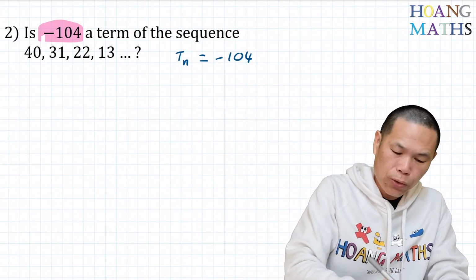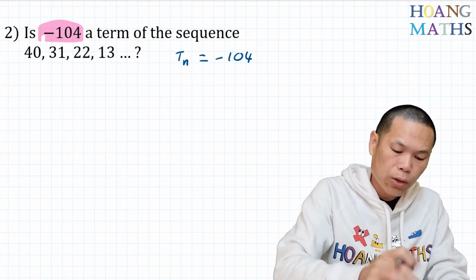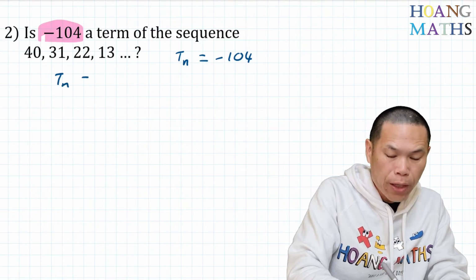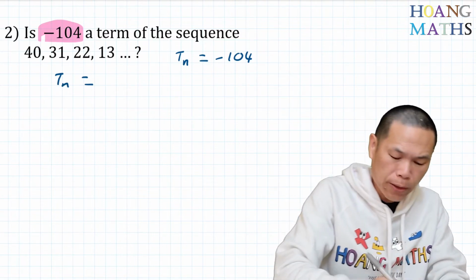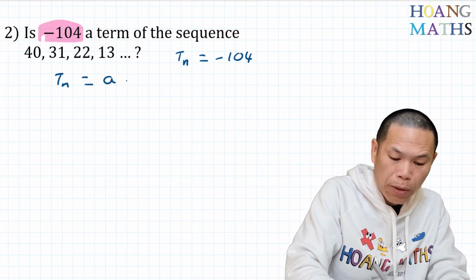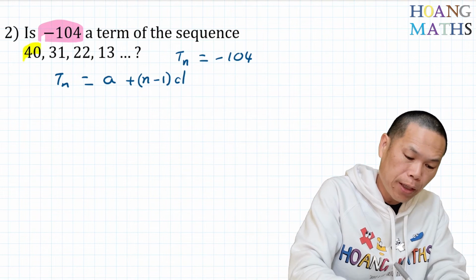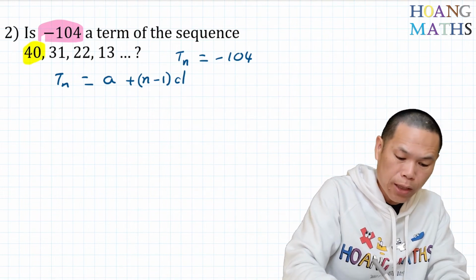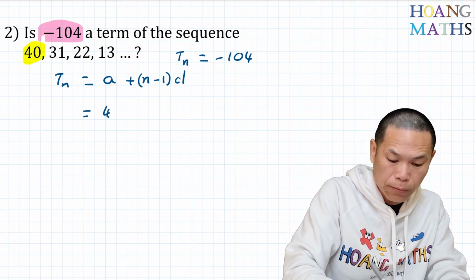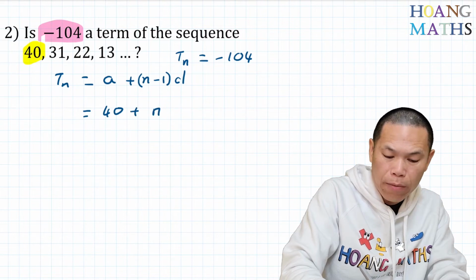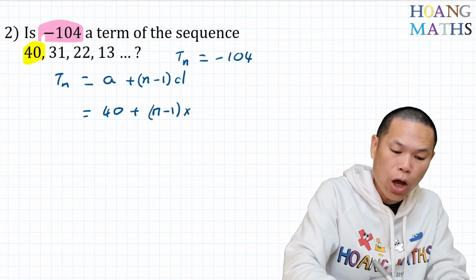Okay. So we need to find the rule first. The rule for finding the term of this arithmetic sequence is a plus n minus 1 times the common difference. We know that a is the first term, so that is 40. And we add n minus 1 times the common difference.